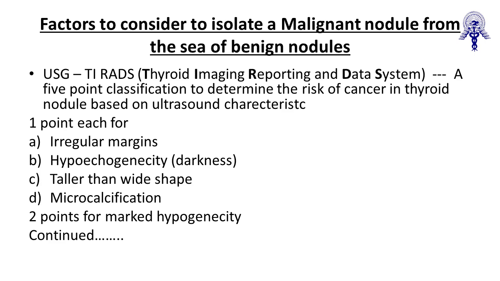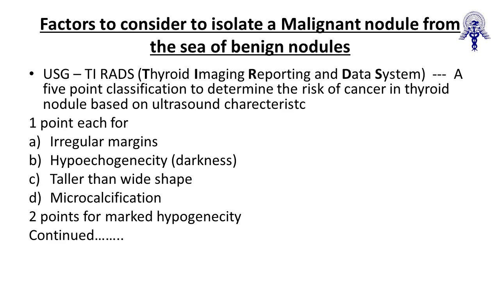When it is taller than wider, it is more likely to be malignant, and if there are microcalcifications. These are the 4 points that point out in the ultrasonography that a nodule will be a malignant one.